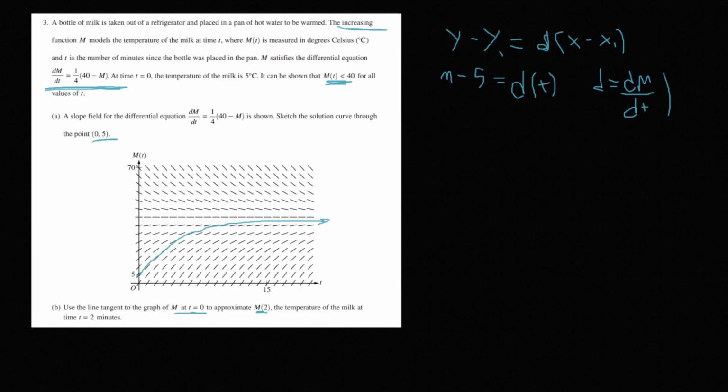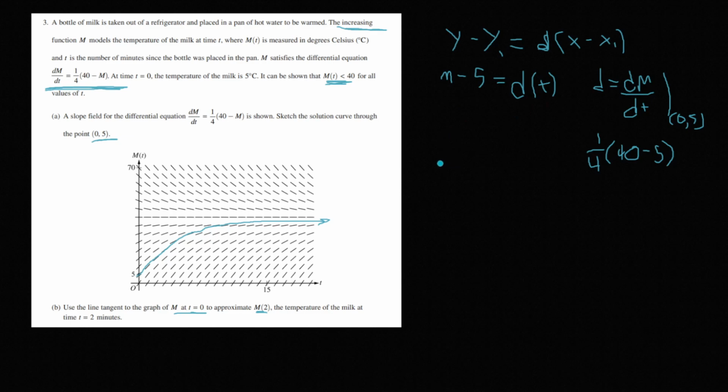Hold on. We're basically substituting in this point here, so I'm just going to put in (0, 5). And so at that point, the slope will be 1/4 times 40 minus 5, and so that is our slope.